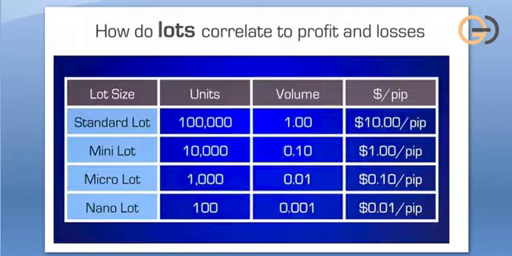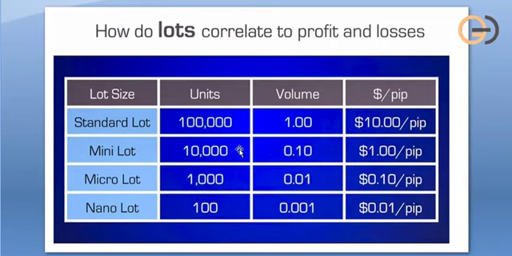Okay, so for example, for a standard lot, the units of currency you can purchase in the forex market is 100,000, and the volume that can be given to you is 1.00, which of course, if price moves in your favor, for 1 pip, you are going to get $10. So for a $100,000 account, you can use a lot size of 1.0, and for 1 pip movement you get $10.